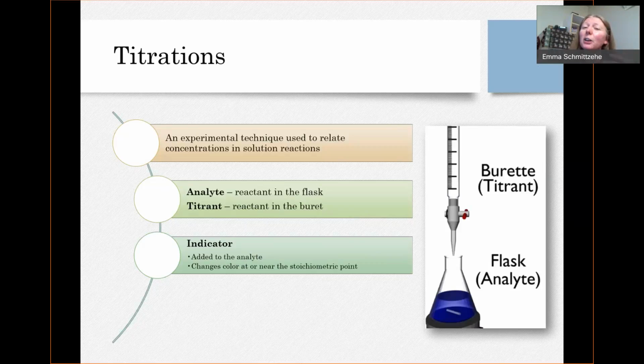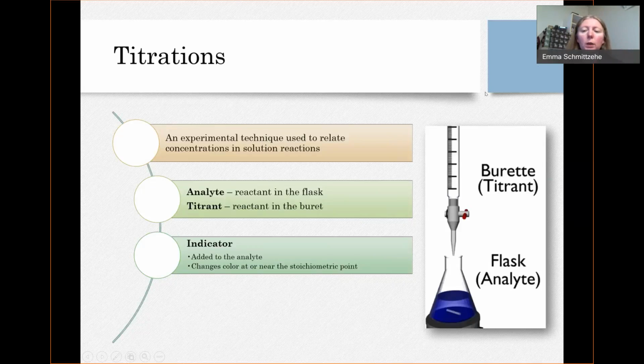The indicator isn't a reactant in the reaction we're trying to study, but it is a substance that changes color at or near the stoichiometric point of the reaction. The stoichiometric point is when you have exactly enough of both reactants to perform a complete reaction, and there's nothing in excess, there's nothing limiting. Basically the indicator changes color when our reaction is done, and that way we know we can stop adding titrant to the analyte.